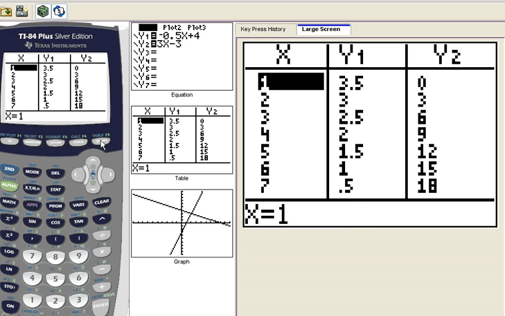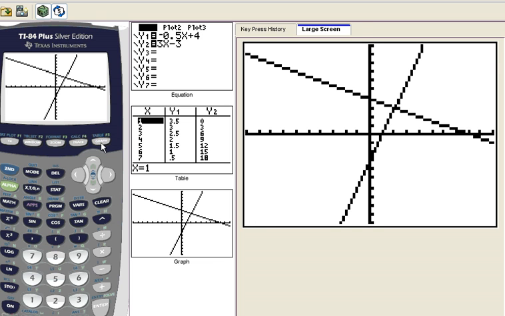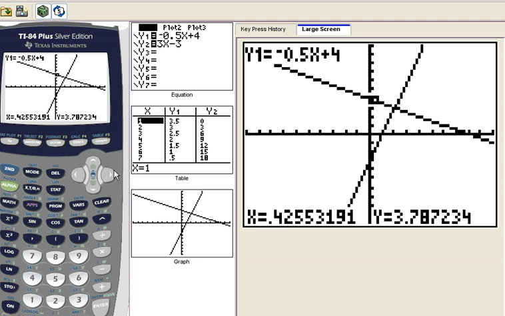All right? And then one other way you could solve this is by pressing the trace button and then just trying to find that spot where they cross there. If you just use the trace button, it'll just estimate. You'll notice that my x value and y value aren't exactly 2, 3.